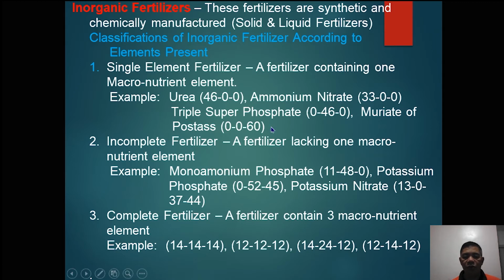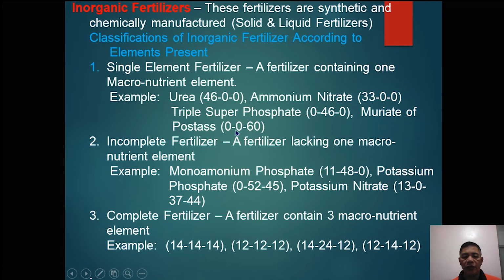Triple superphosphate has 0 for nitrogen, but 46% phosphorus and 0% potassium. More yet of potash, this is wrong. This is it.